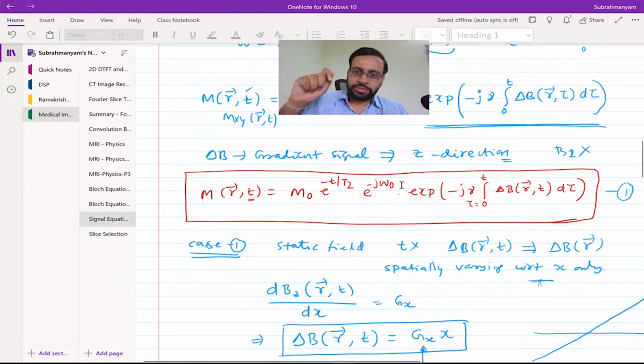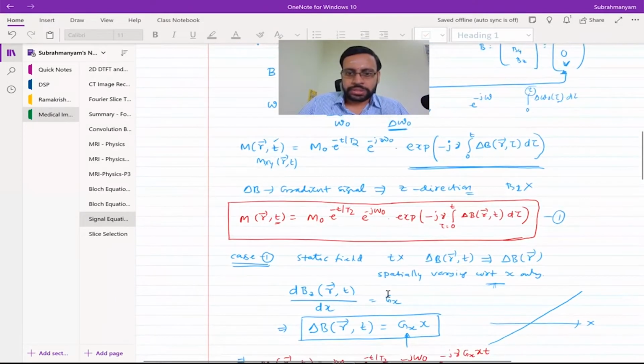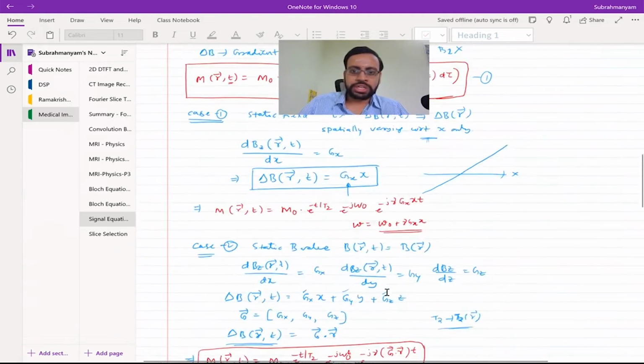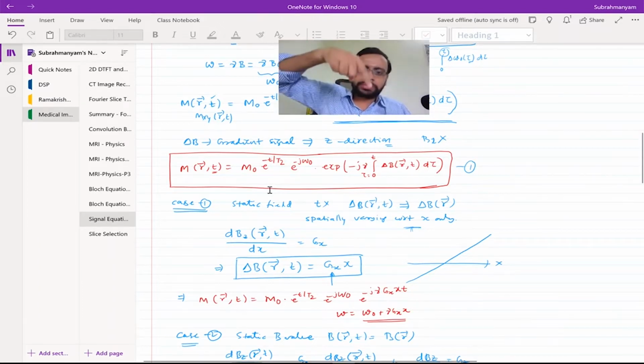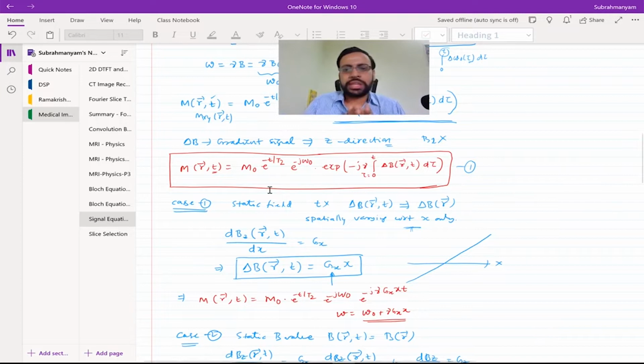So on one side, this is the transverse magnetization field. Its magnitude is coming down, right? Its magnitude is exponentially decaying because of the e power minus t by T2 term, and then there is an e power minus j omega naught t term, where the t is missing. That is what is making that field rotate. We will not go into very much detail, but it is very easy for you to understand. It's not at all a difficult thing to visualize.